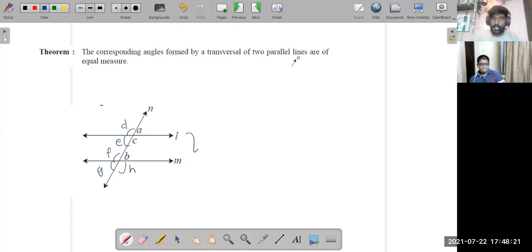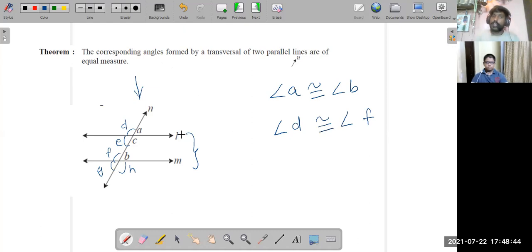Because these two lines are parallel and you have a transversal, all the pairs of corresponding angles are congruent to each other. If you see, angle A and angle B are corresponding angles, so they will be congruent. Angle D and angle F are corresponding, so they are congruent. Similarly, all the corresponding angles are congruent.